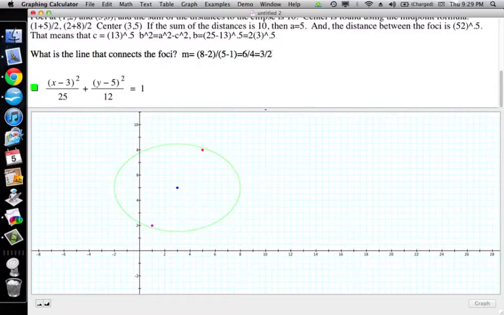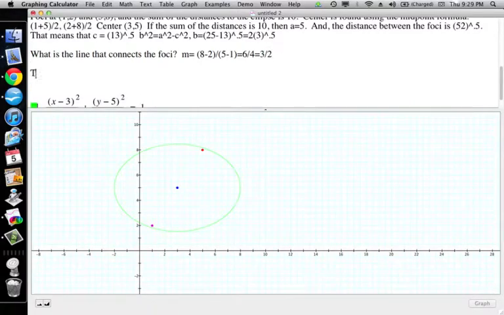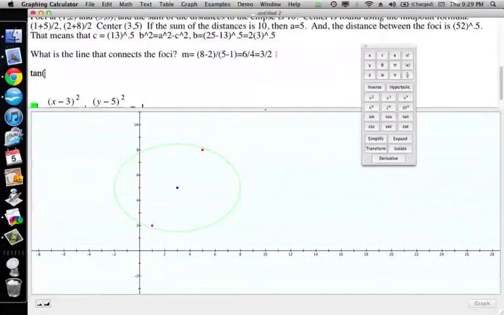Okay, now that slope means that tan theta equals 3/2. Let's pull this back here. It doesn't let me do that in there. I'm just going to use q for theta.